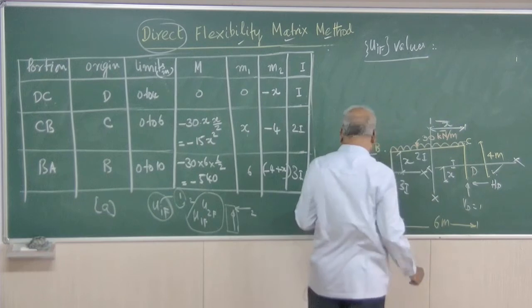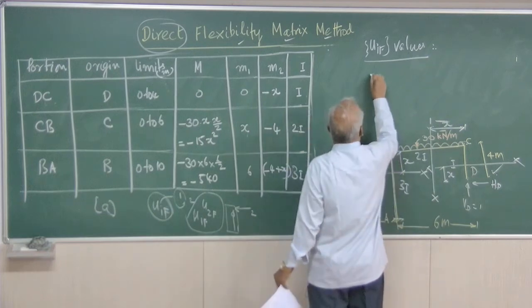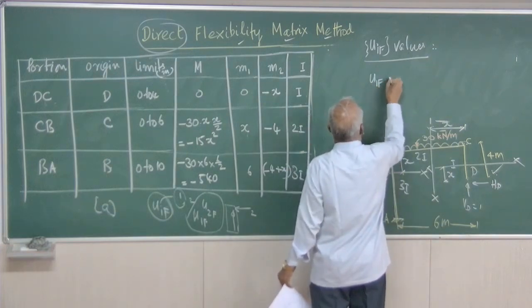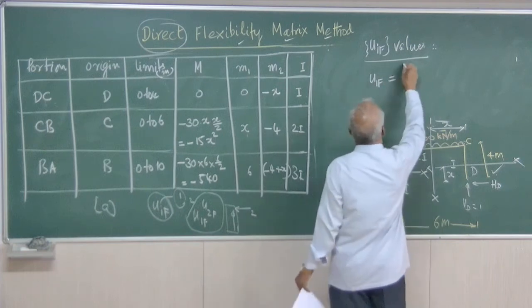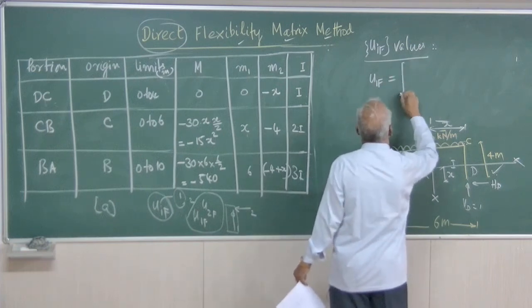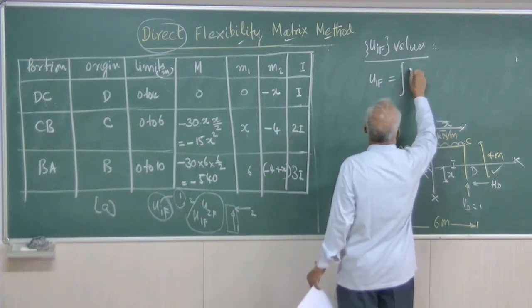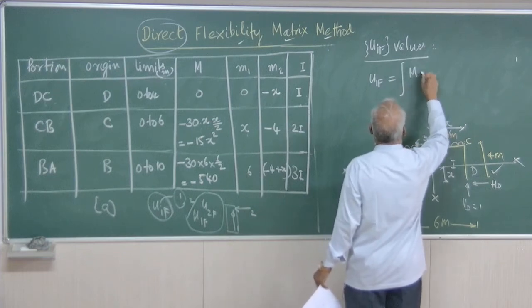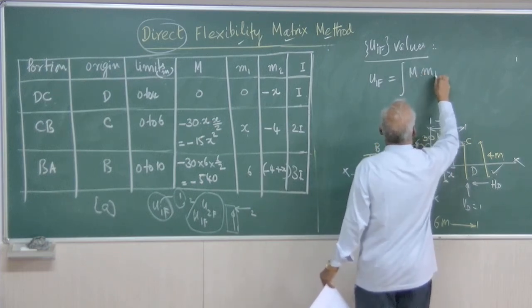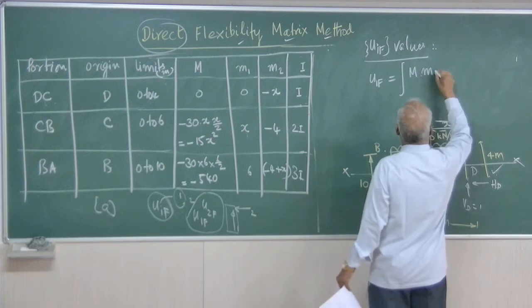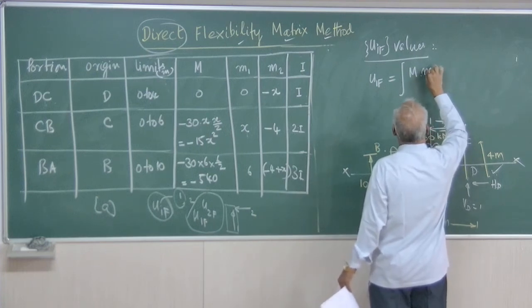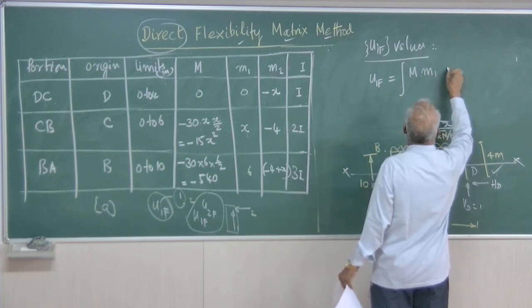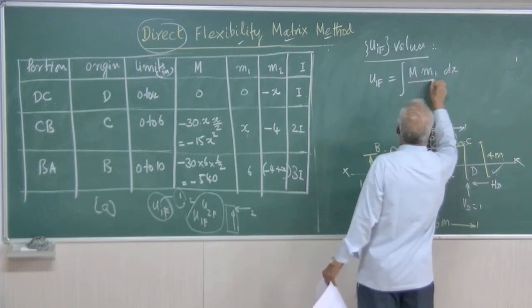Right. U1F equals integral of M due to the external force, times m1, that is, this corresponds to dou M by dou Vd, into dx by EI.